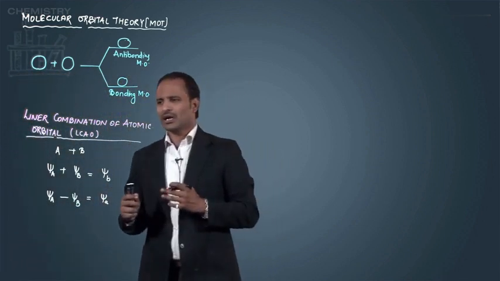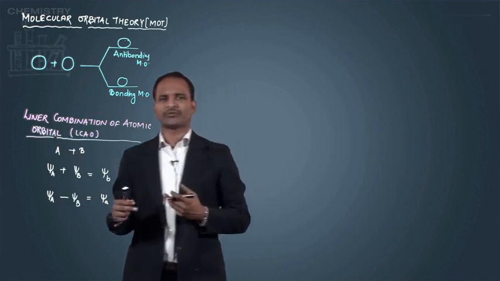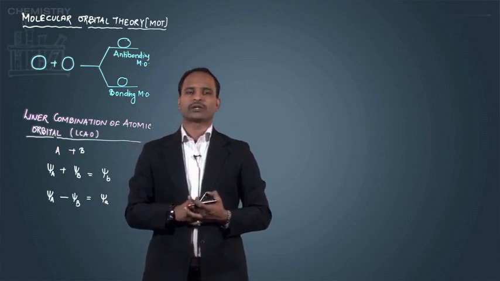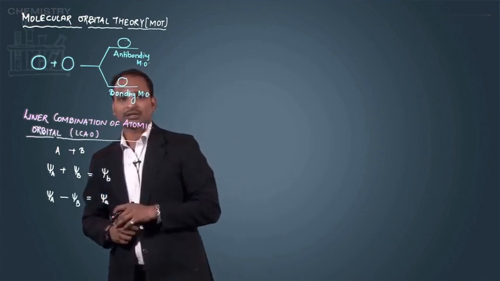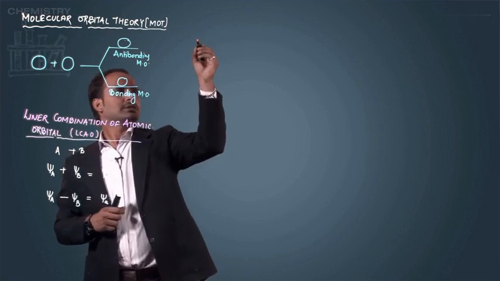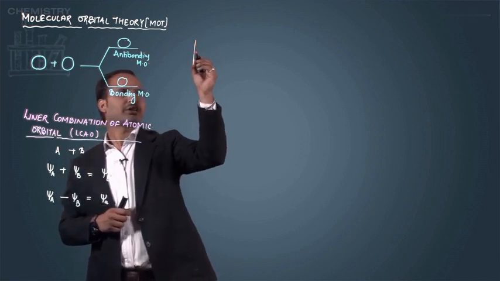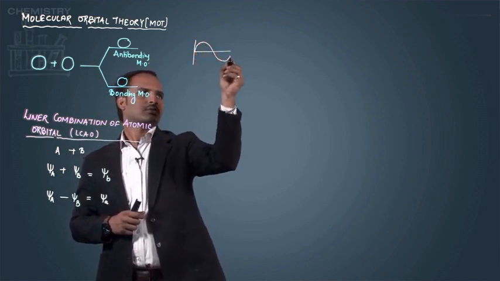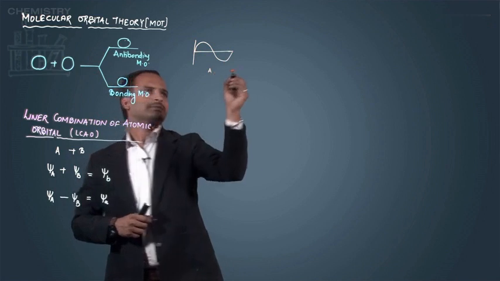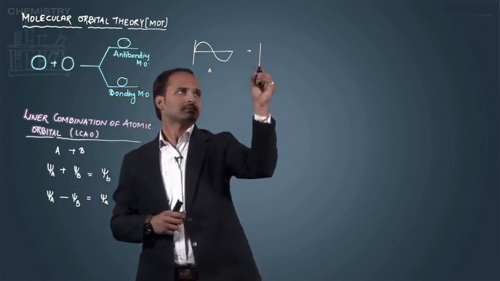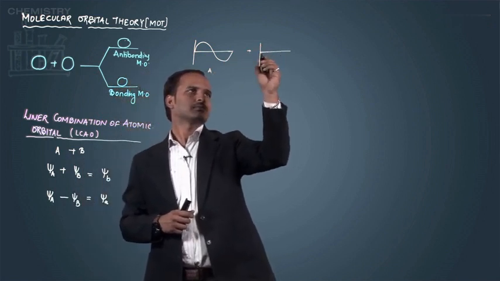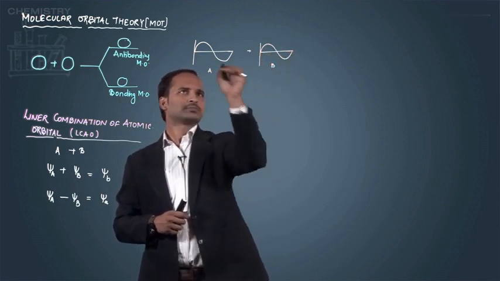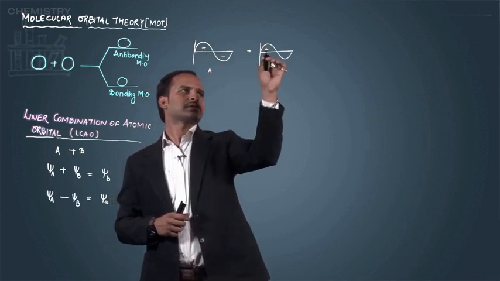Now let's see how it forms. Here we are talking about the wave function, so I am relating the concept with waves. Suppose we have a wave for atom A and a wave for atom B. Plus, minus, plus, minus.